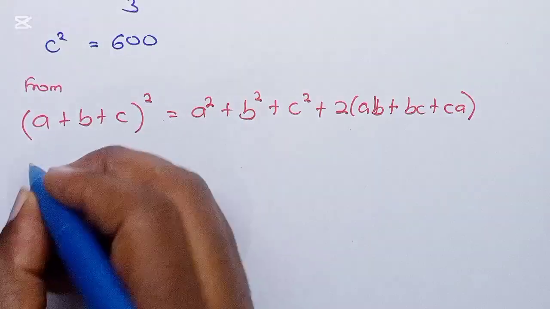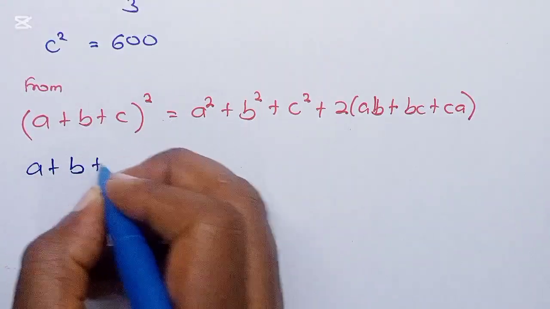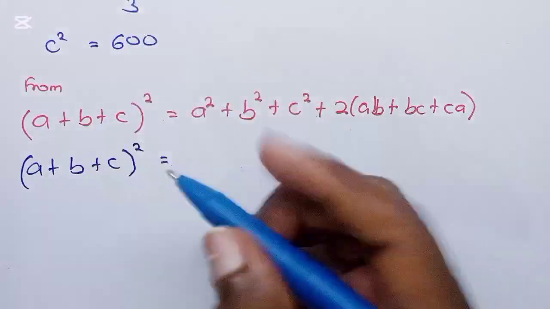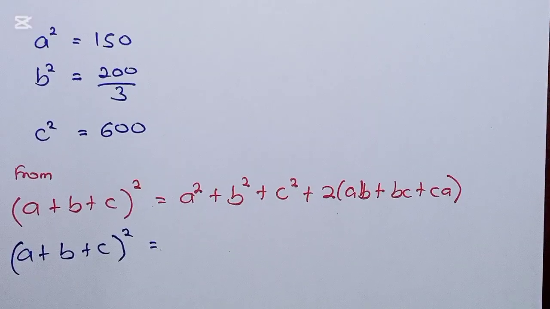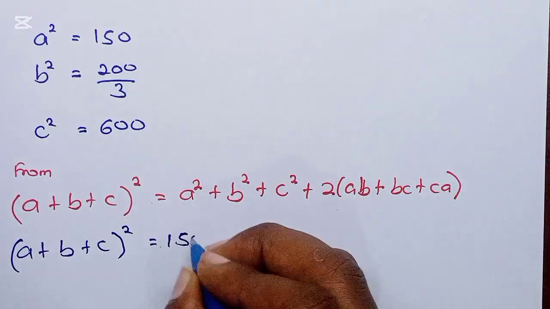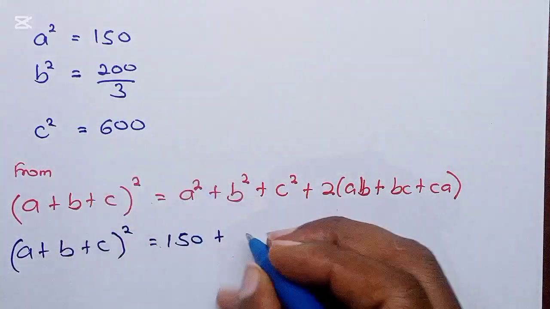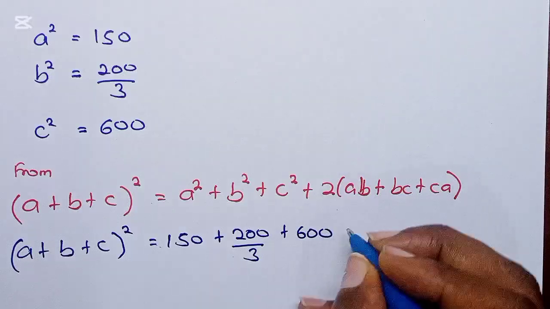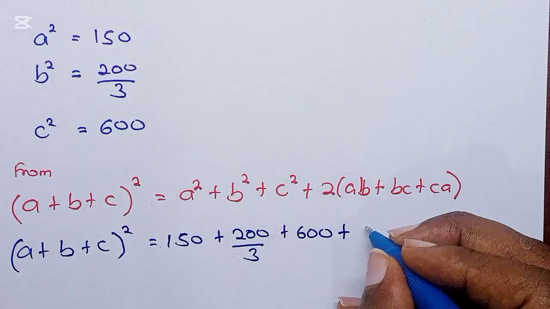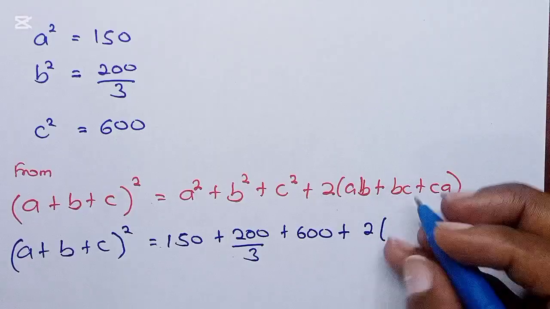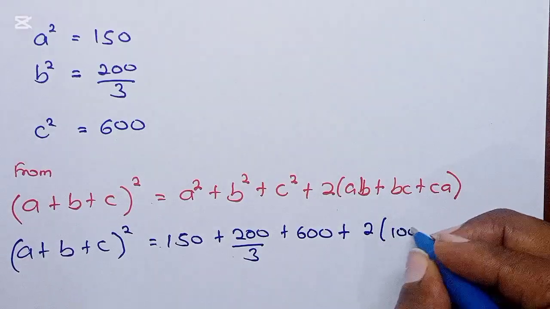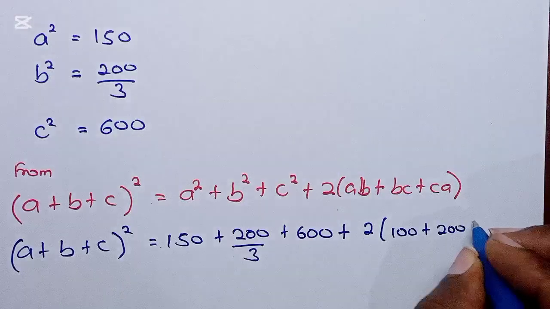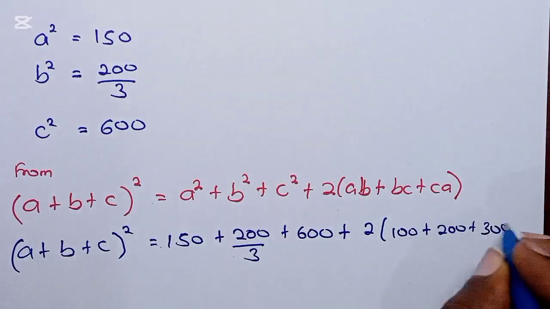So, this here, A plus B plus C all squared will be equal to our A squared, which is 150, plus our B squared, which is 200 over 3, and our C squared, which is 600. So plus 2 into, our AB was given to us as 100, plus BC was given as 200, and CA was given as 300.